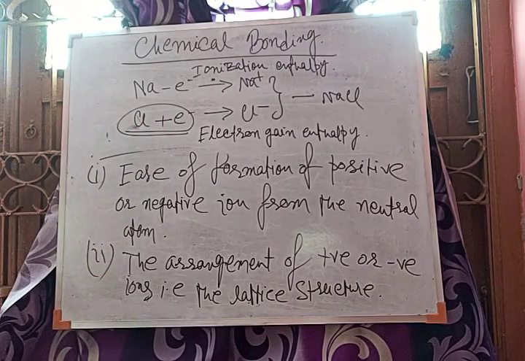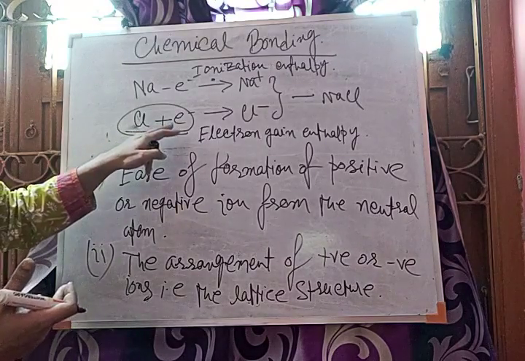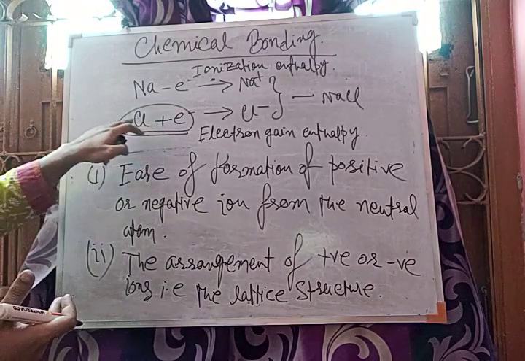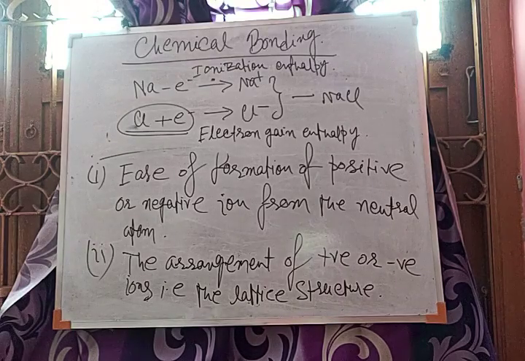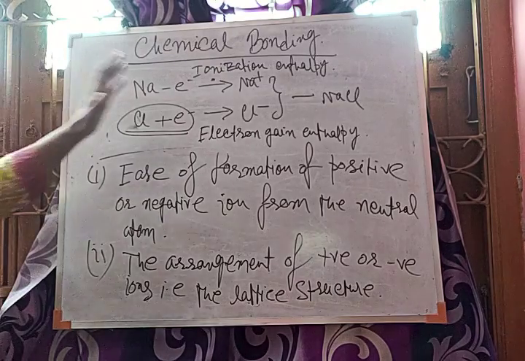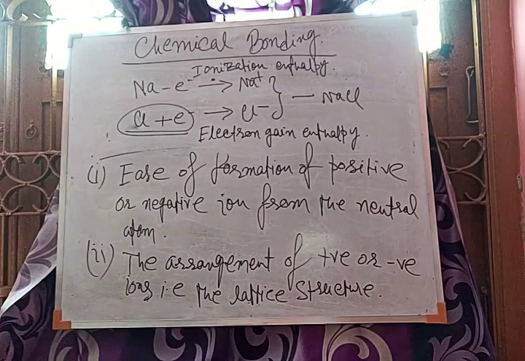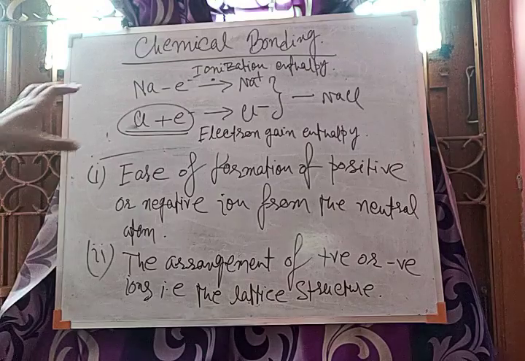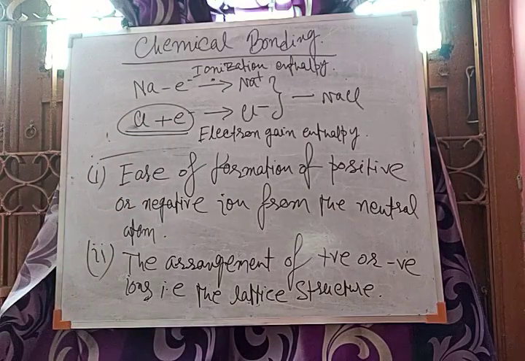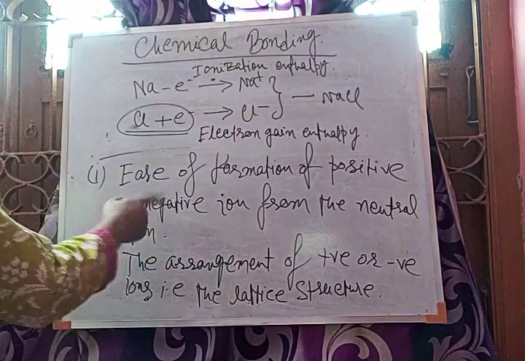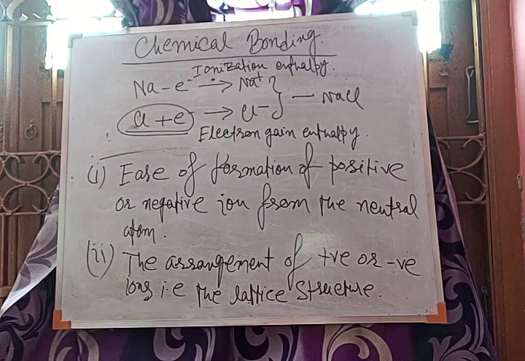The energy released by the attachment of this electron to the chlorine atom is known as electron gain enthalpy. So electron gain enthalpy is the release of energy, and ionization enthalpy is the absorption of energy. Here we have to give energy, and here energy is released. Those are the two things. So the condition is the formation of positive or negative ion from the neutral atom.